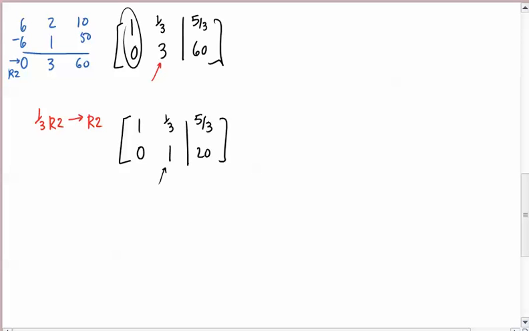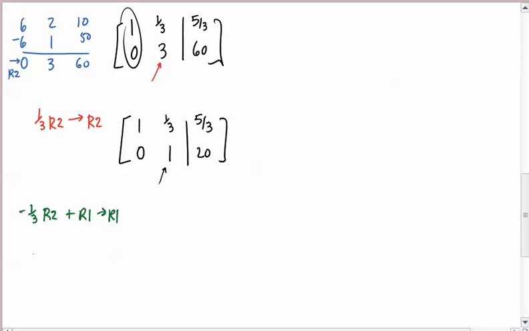Okay, let's take a look. I would love for that to be a -1/3, so I'm going to multiply by -1/3 temporarily, -1/3 by row 2. I'm going to add it to row 1 to create a new row 1.